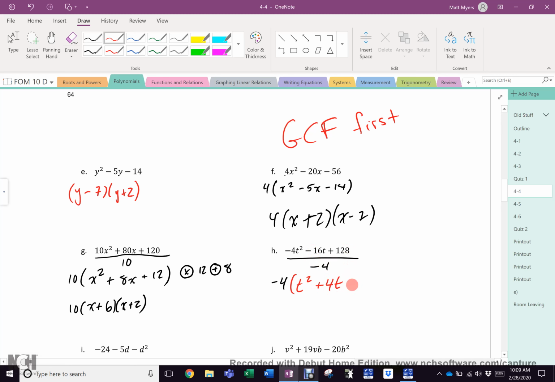You may need your calculator for that, but I'll help you out. It's negative 32. Now, I would need numbers that multiply to what? Negative 32 and add to what? 4. What are they? Negative 8 and positive 4.